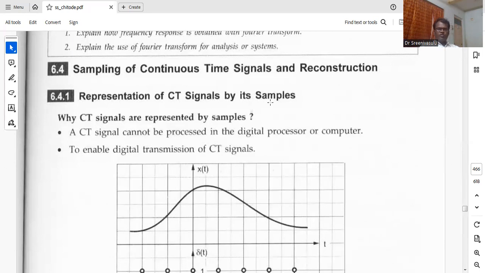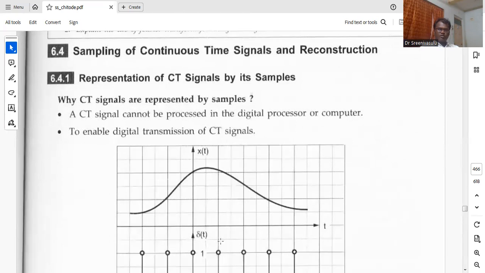Continuous time signal means both time and amplitude are continuous. If you see here, it is our original signal x of t. This x of t is continuous in amplitude as well as time. All physical signals are available like this only.